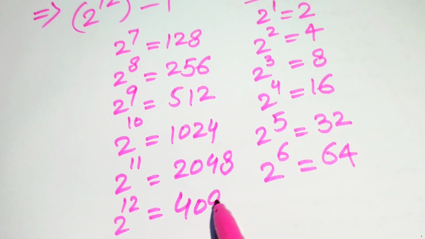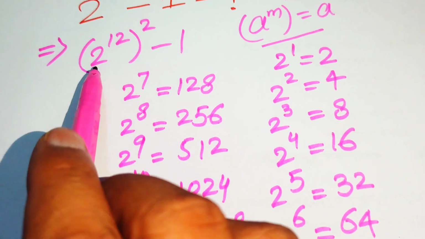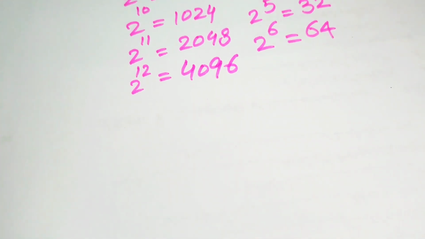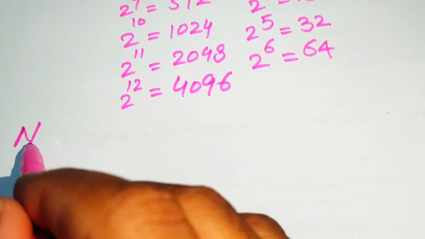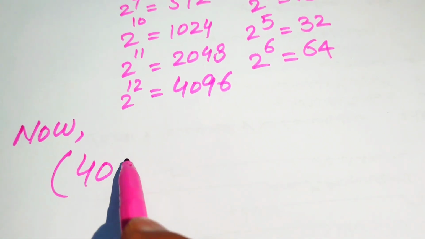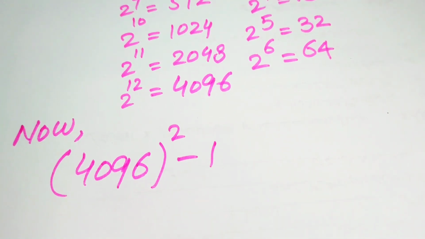So we get 2 to the power of 12 is 4096. Now we replace this 2 to the power of 12 with 4096, so our above expression is written in this form: 4096 whole squared minus 1.